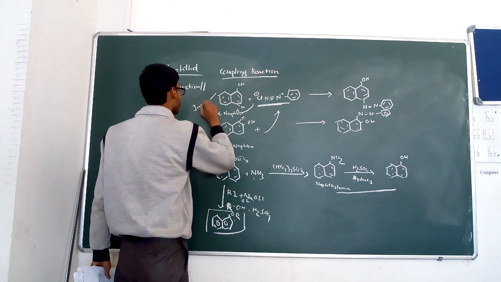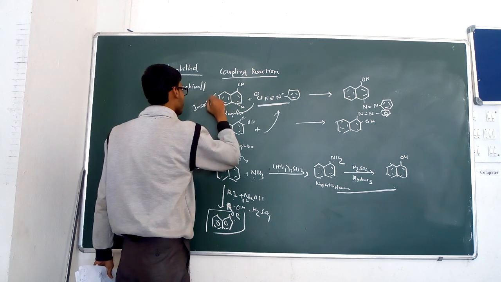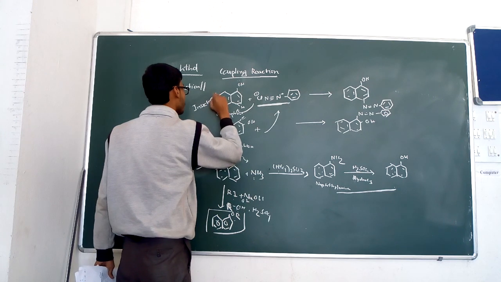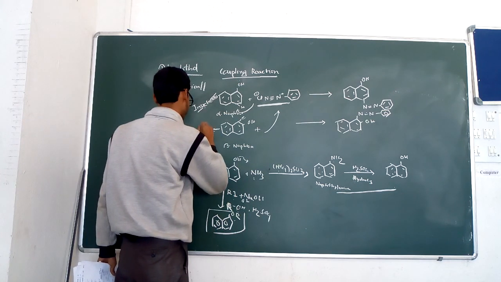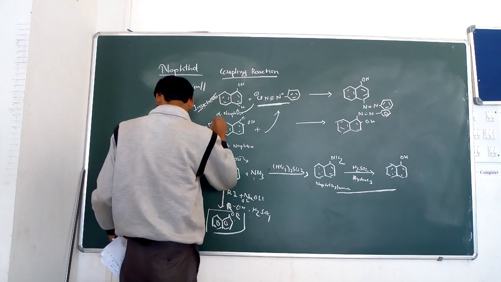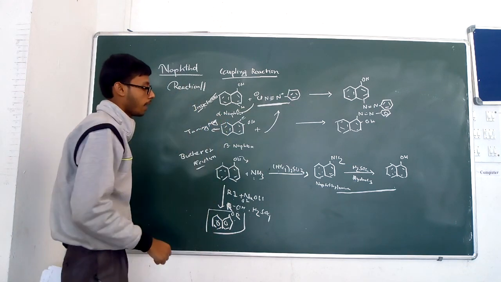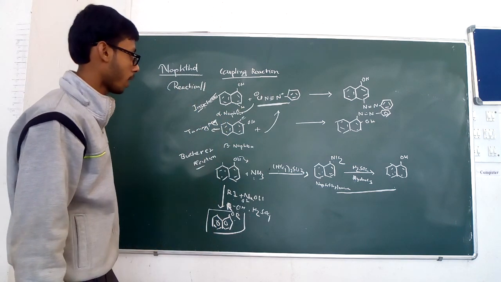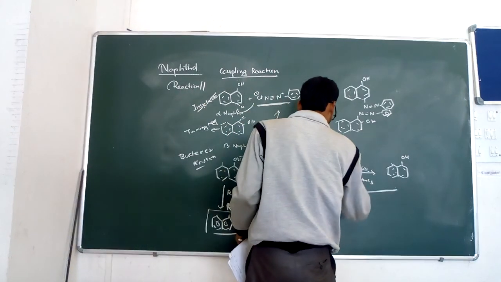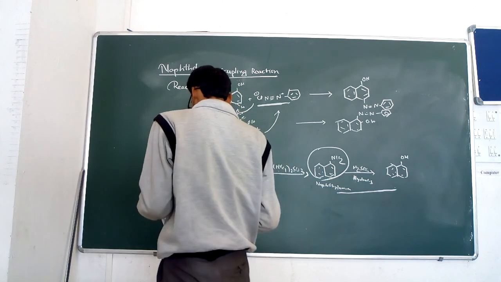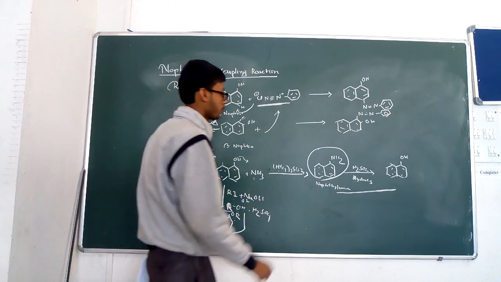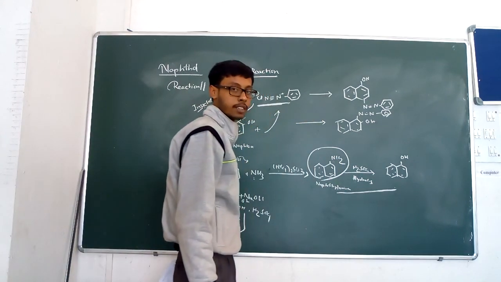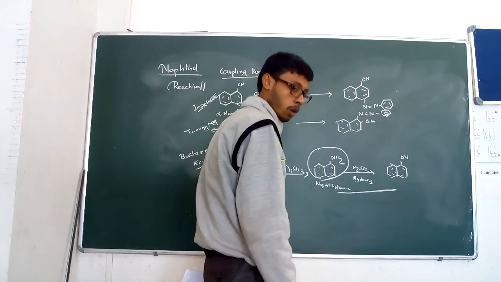As a tanning agent, meaning in the leather industry, beta naphthol is used. There is another important derivative of naphthalene, that is naphthylamine, and naphthylamine also has two forms: alpha naphthylamine when the amine is attached at the C1 position, and beta naphthylamine when it is attached at the C2 position.